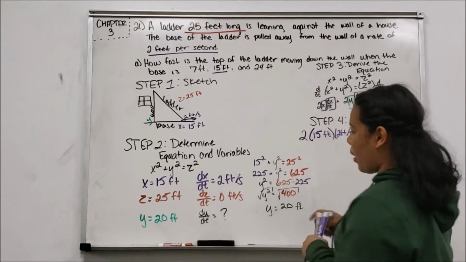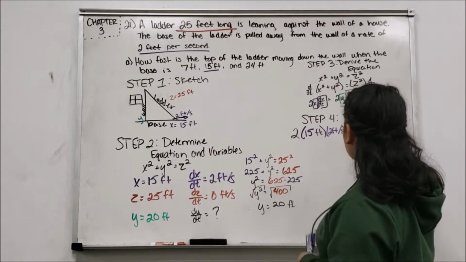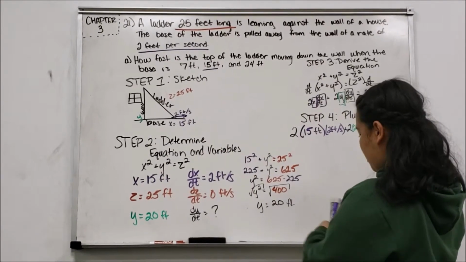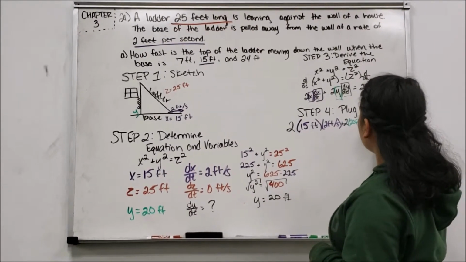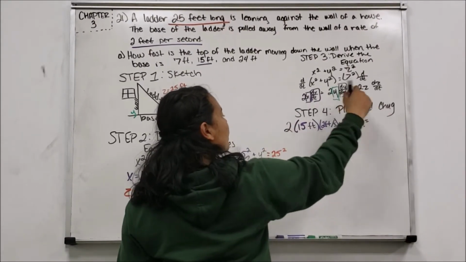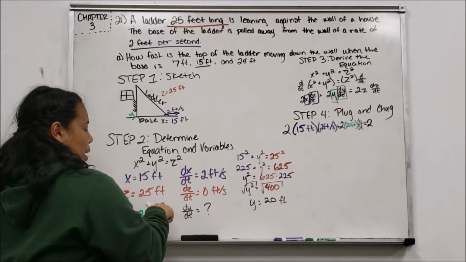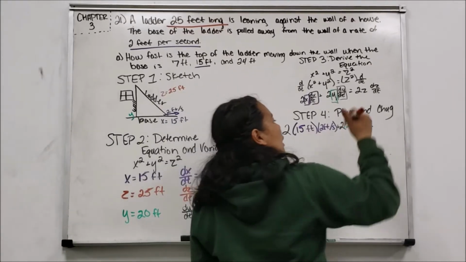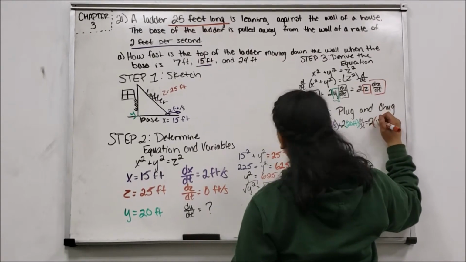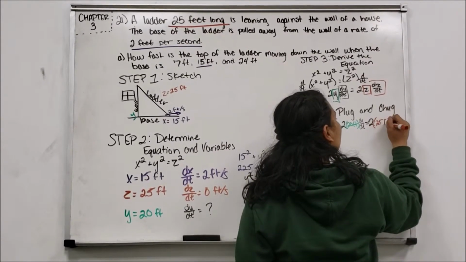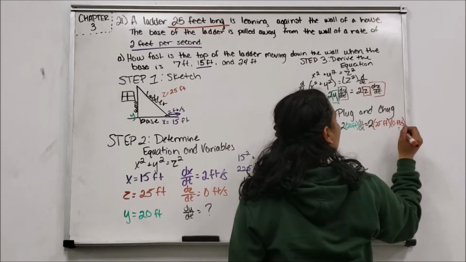So our y is 20, times 20 feet dy dt. And then we're going to take 2, bring that down, and copy what we have in brown here, which is our z information: 25 feet times 0 feet per second.